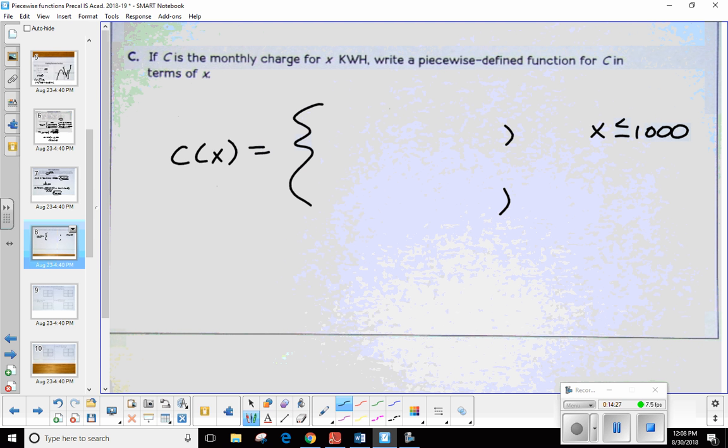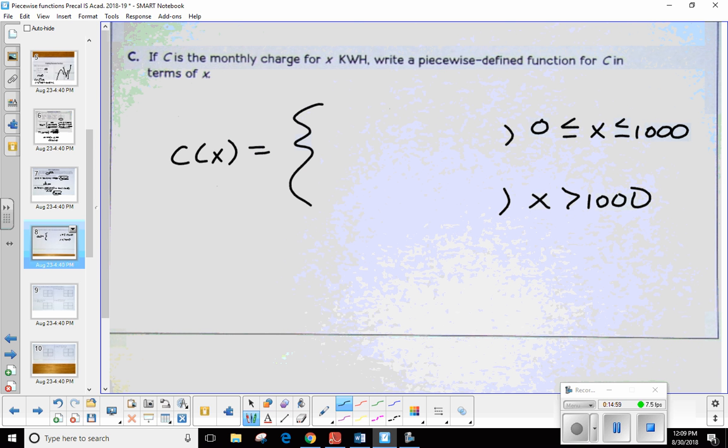If it were, then they would be paying you, and that just doesn't make sense. So we're going to have 0 less than or equal to X. Genevieve, is that what you were going to say? Okay. Now the other one, you're charged that other rate if what? It's greater than 1,000. Now notice because this one already has the equality, we won't need it on the next one. It'll just be X greater than 1,000.